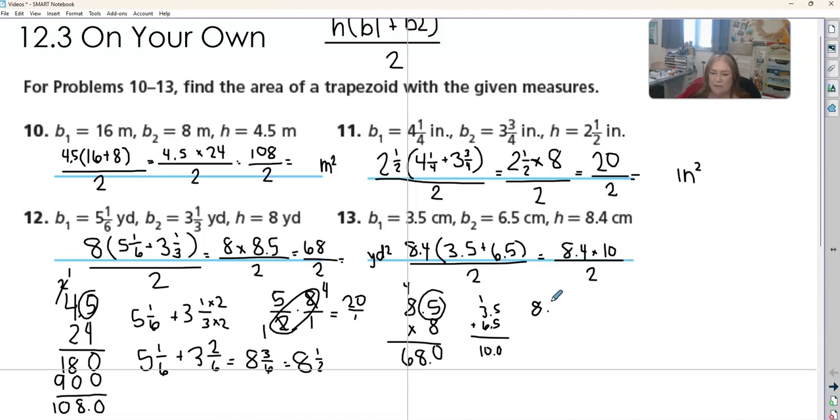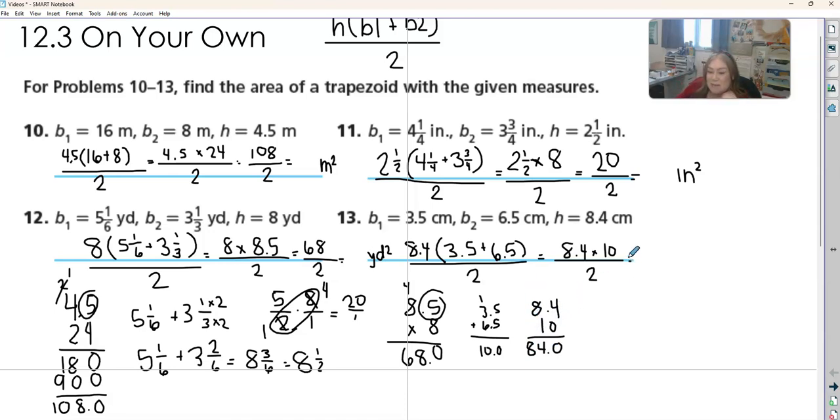So we have 8.4 times 10. If you just know this one, awesome. If you know what timesing by 10 will do to it, great. Okay, so I know when I times by 0, that's just all going to be 0. So I'm just going to bring a placeholder down. And I'm going to times by 1, bring my decimal down, right? It got 10 times bigger, so I just move my decimal back one time.